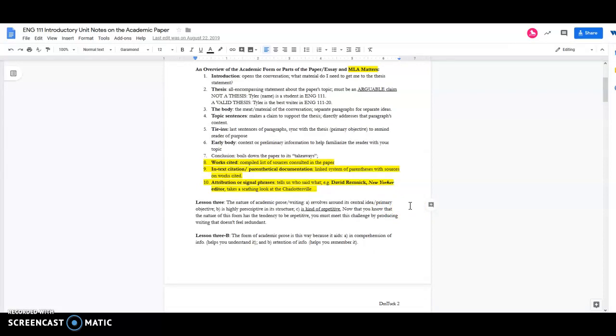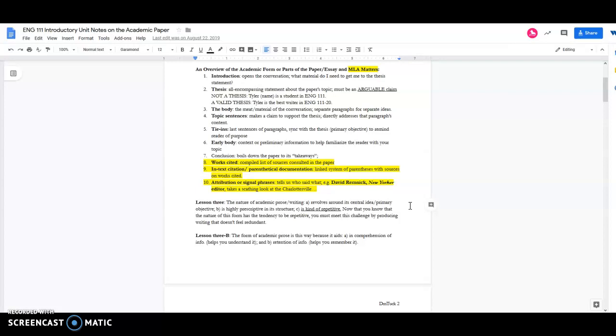You're supposed to learn how to write a generic academic paper that any college instructor would recognize as being well written, with clearly articulated ideas, using the facets of the form like intro, body and conclusion, and text citation, following MLA guidelines. You're supposed to learn all those things in 111, but I start 111 by talking about the parts of the paper. So I'm going to run through these real quick and just give you some small insights.